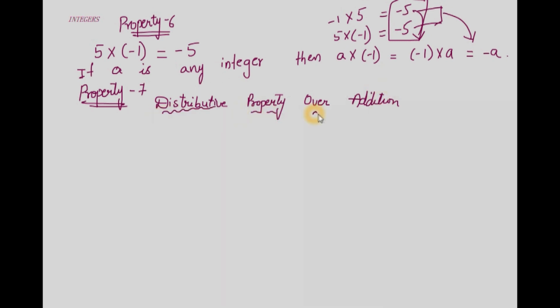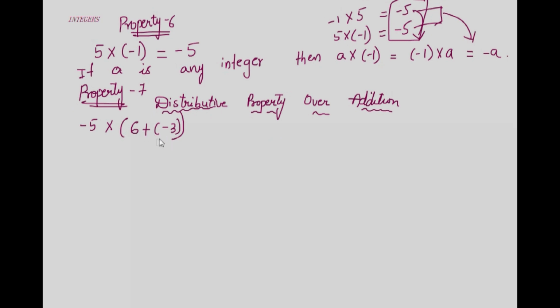Let us see the distributive property over addition. Minus 5 into 6 plus minus 3. Here we have taken addition.